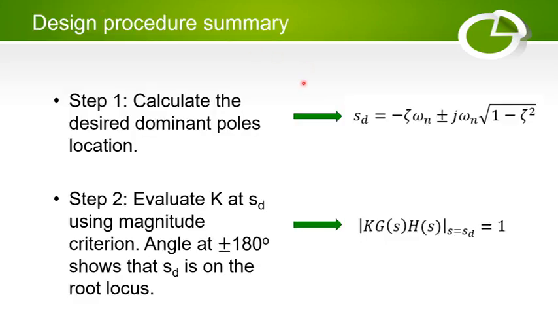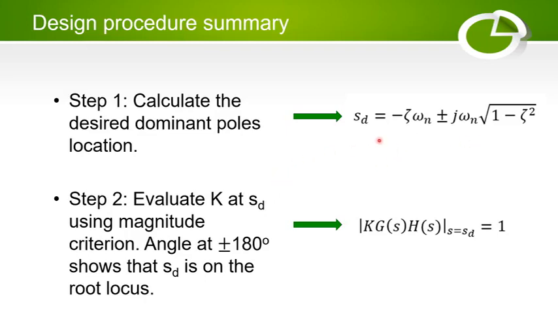In this slide, I have summarized the steps required to design transient response using gain adjustment. The first step is you have to calculate the desired dominant poles location based on the specification given in the question, and using that information, you should get your SD from this equation.